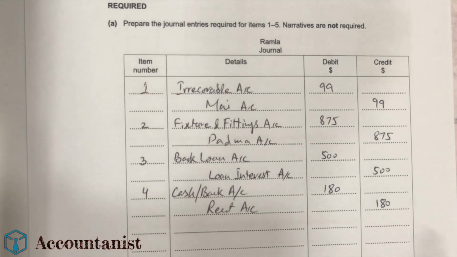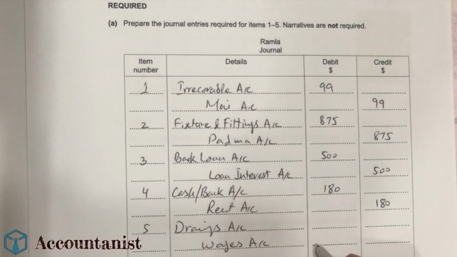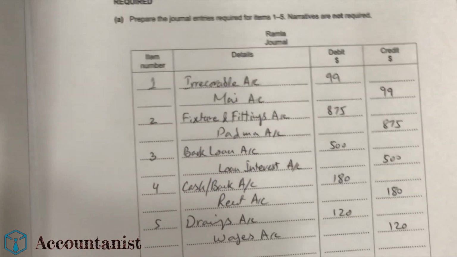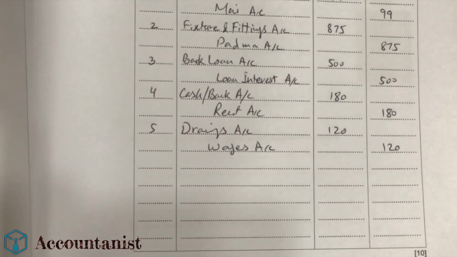So that's transaction number 5. The drawings account is debited and the wages account needs to be credited with $120. So that's the first part of the question. It was for 10 marks, 5 entries for 10 marks.